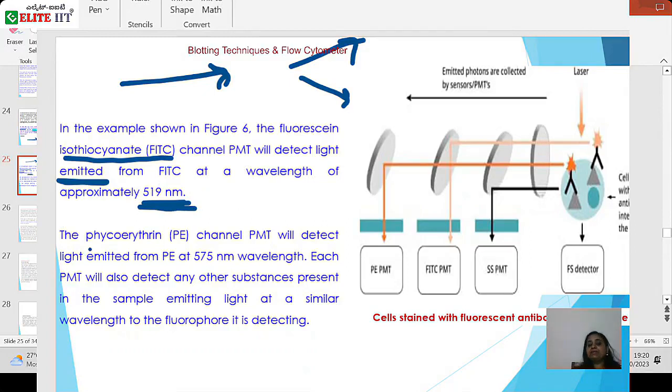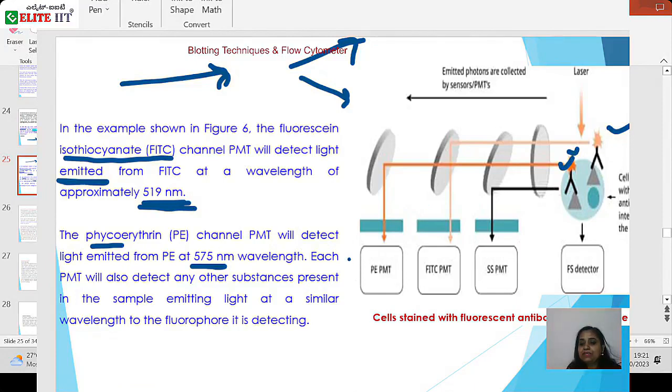But if you consider phycoerythrin, this is also a fluorophore. In that case, the wavelength is 575. Therefore, you will get different peaks for different fluorophores. From this picture, you can understand. See here, only two different fluorophores are given, one is FITC, another is PE.